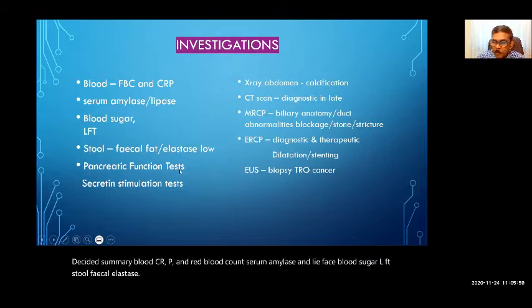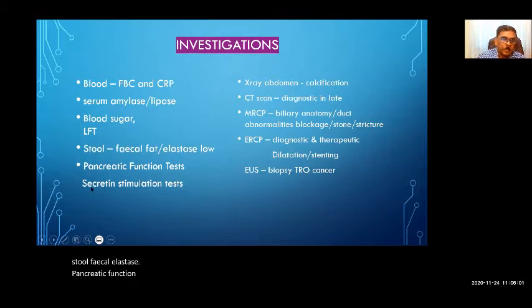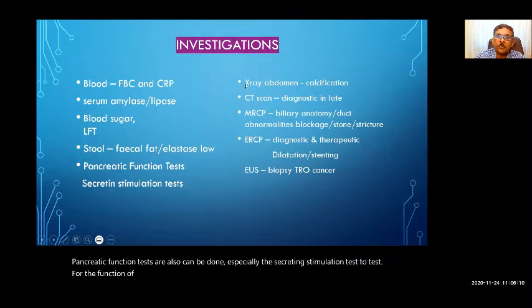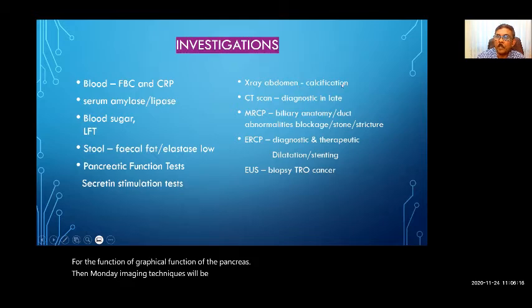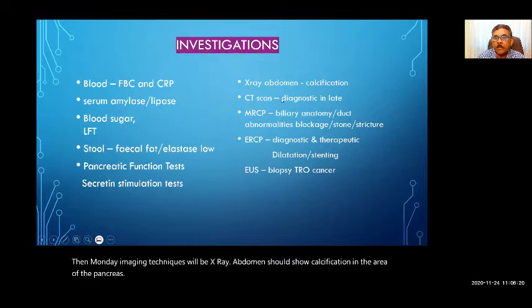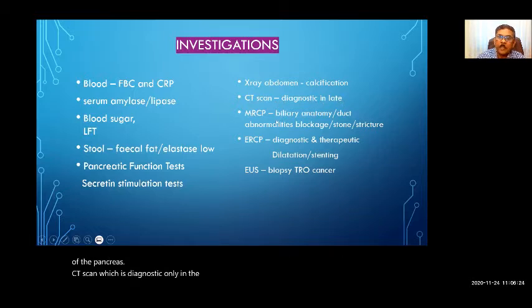Pancreatic function tests also can be done, especially the secretin stimulation test to test for the residual function of the pancreas. Then among the imaging techniques will be X-ray abdomen, which will show calcification in the area of the pancreas. CT scan, which is diagnostic only in the late phases.